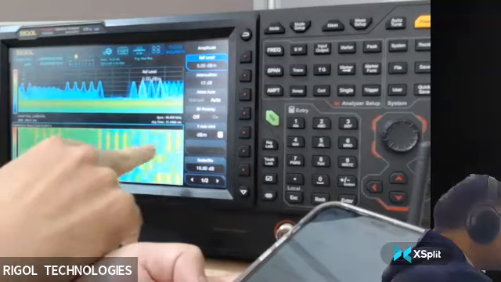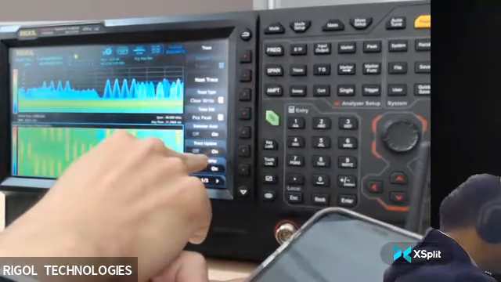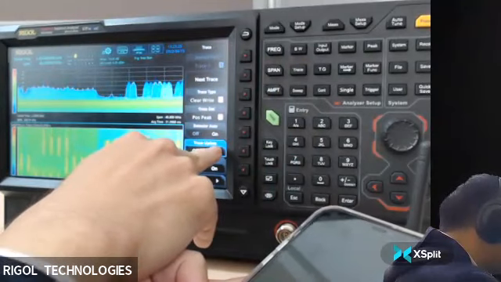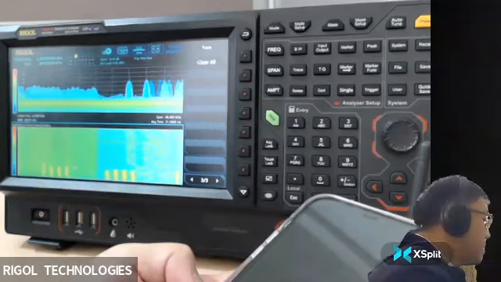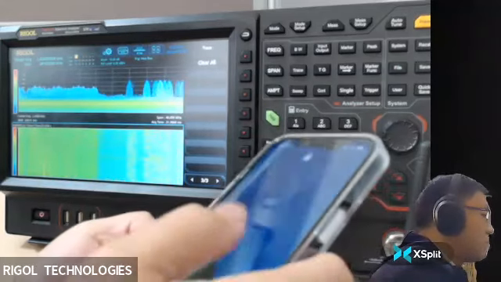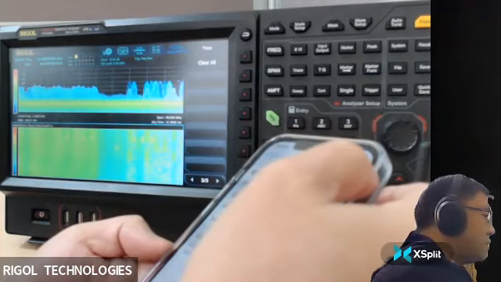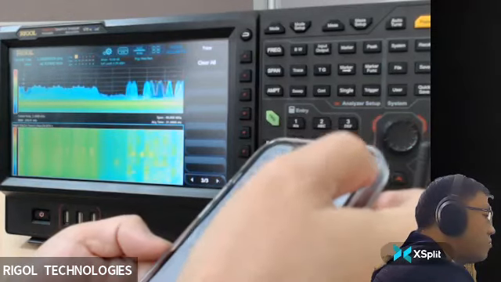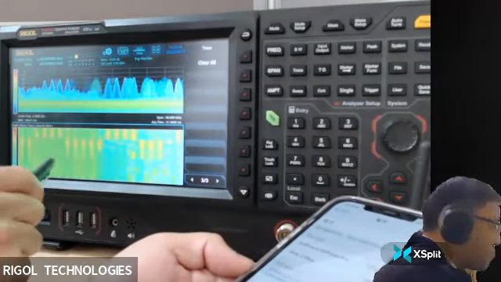Amplitude trace update off, on, and the other one. So the signal will be displayed. Let me switch off, switch on again. You can see the Bluetooth signals again.